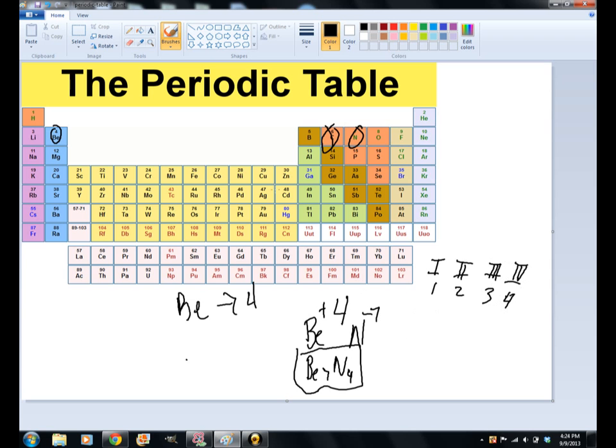So when you take this section, which is called the transition elements, you have to, there's different ways, because you can subtract and go this way, or you can add and go this way. So there's different kind of elements or ions that you can make.